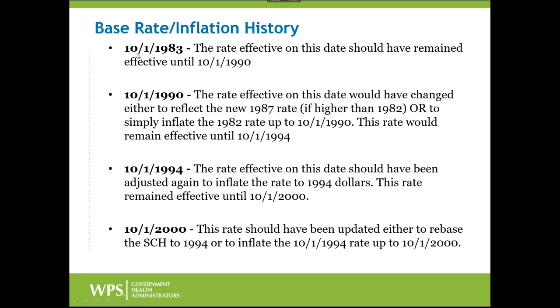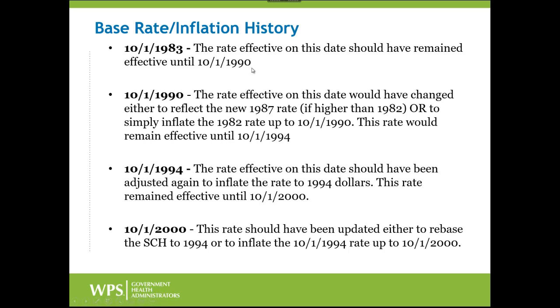So if we take a look at 10/1/1983, this would have been the very first year based on the 1982 base rate. And in the claims processing system, what we refer to as FIS, or you may refer to as the pricer even, this rate would have been locked in up until 10/1/1990.